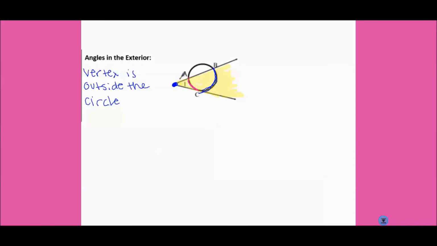So in this case, when the angles are in the exterior, the measure of the angle is going to equal half of the big arc minus the little arc.